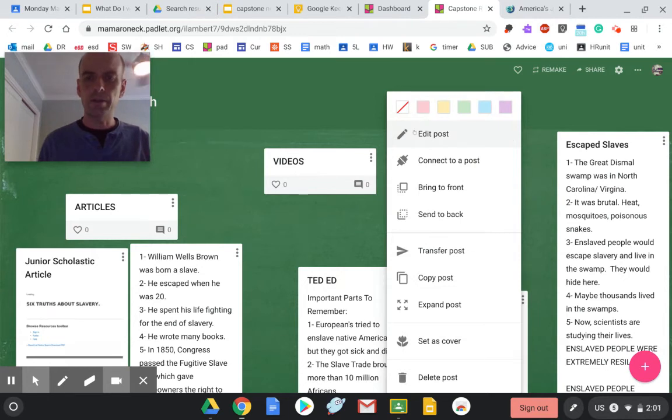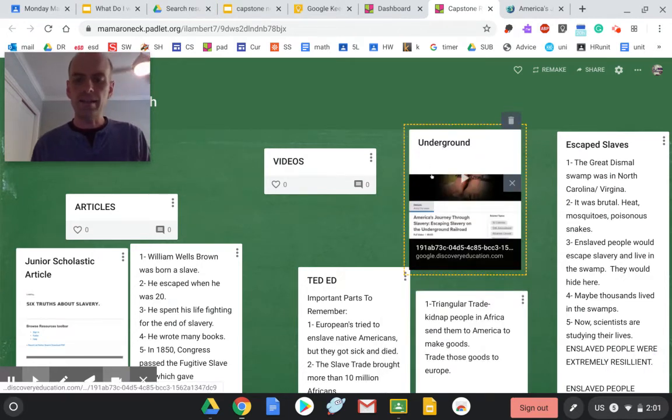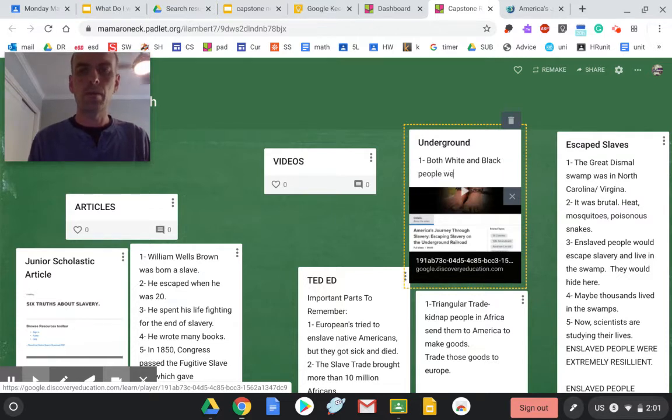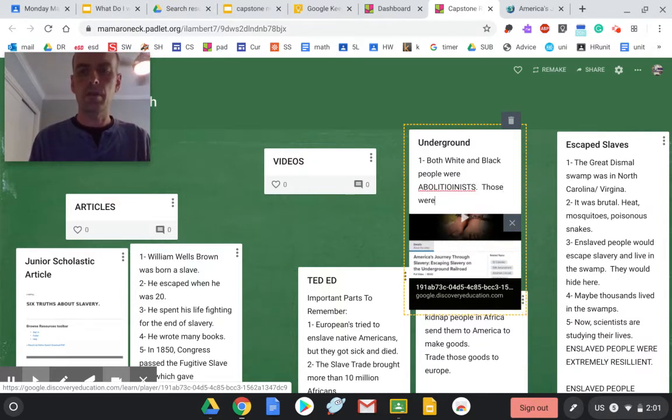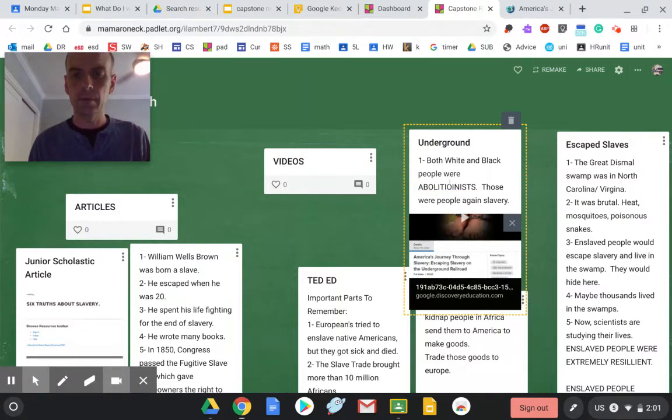So I go to edit post. I think the first thing is that both white and black people were abolitionists. Those were people against slavery. Okay, so I think that's an important thing.